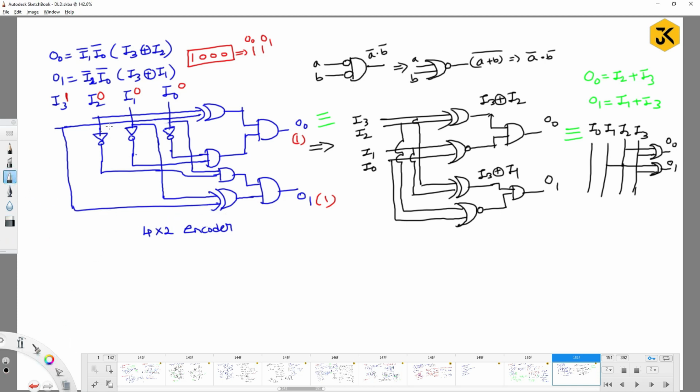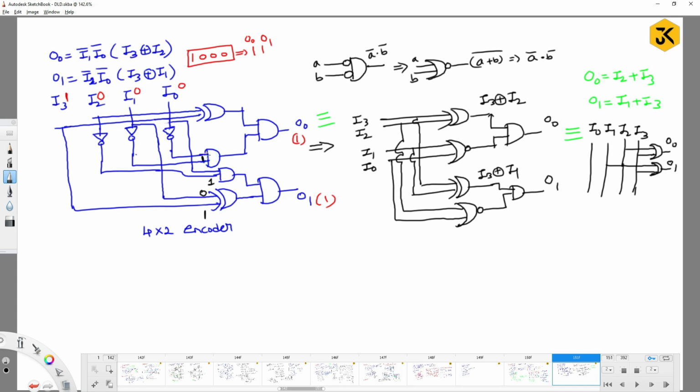So can you debug this one? Your 1 will come to here, and I2 is 0, 0 complement is 1, so 1 will be received here, and I0, I1 value is 0, 0 complement is 1. We are getting confused now. So here I1 is coming as usual, so I1 value is 0. Here the input is the complement of I1, that is 1.